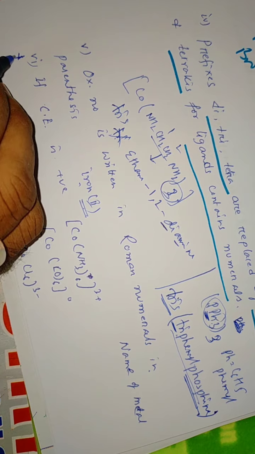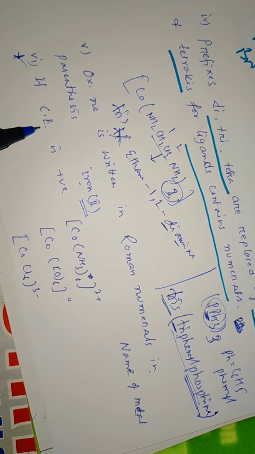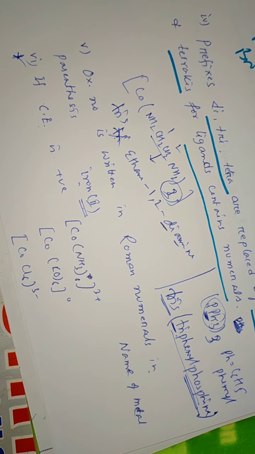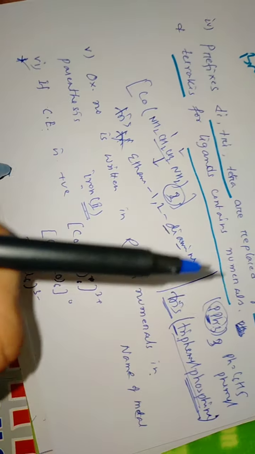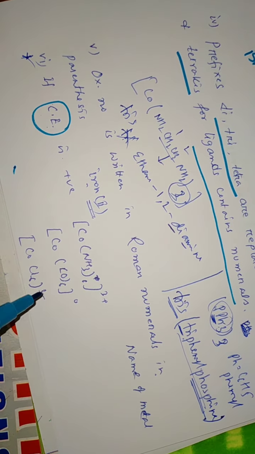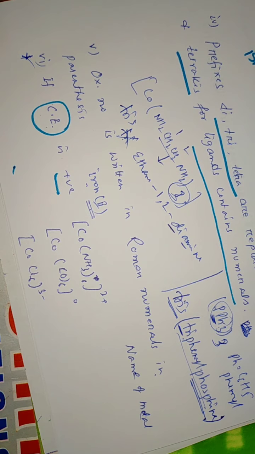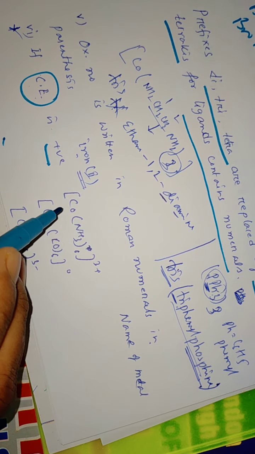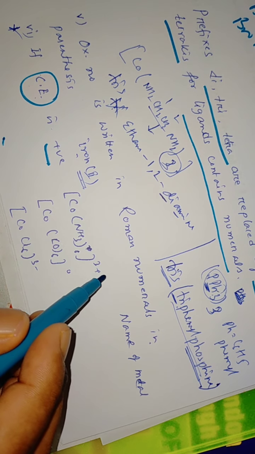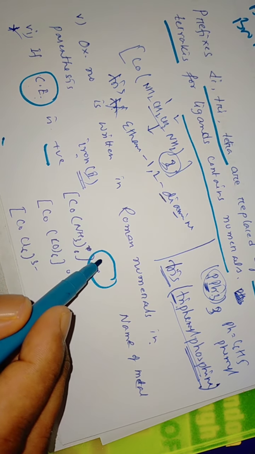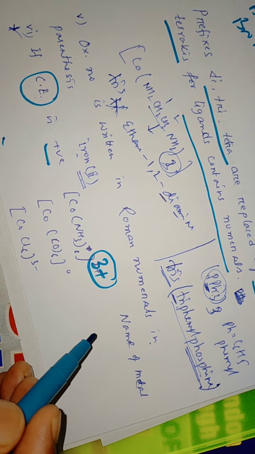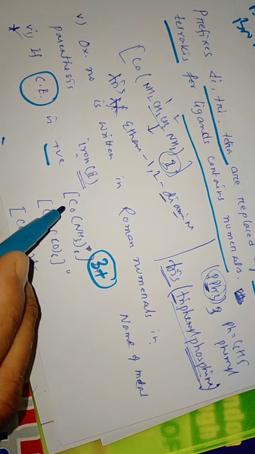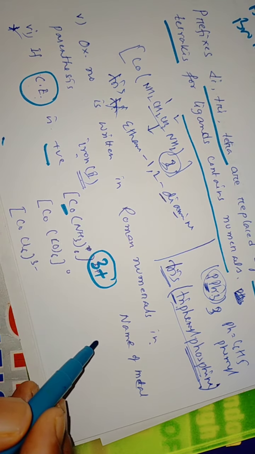Last rule, but it is important: if the coordination entity is positive, for example Co, the coordination entity is positive, tri-positive given, in that case the name of that metal remains the same.